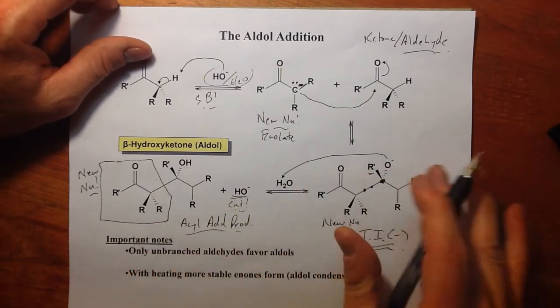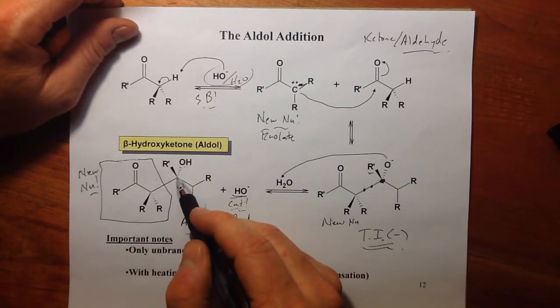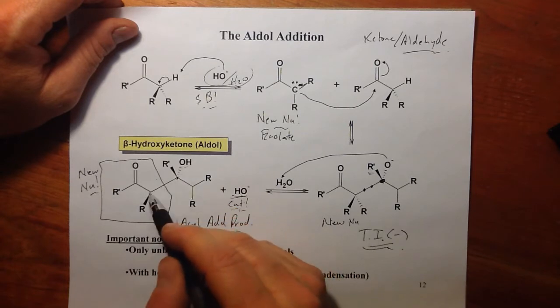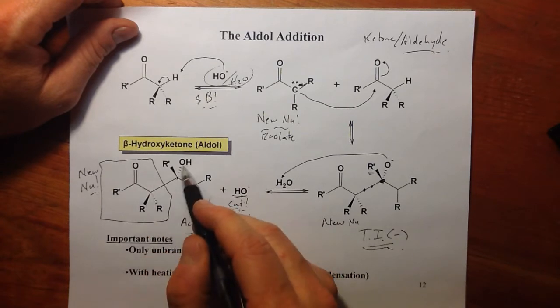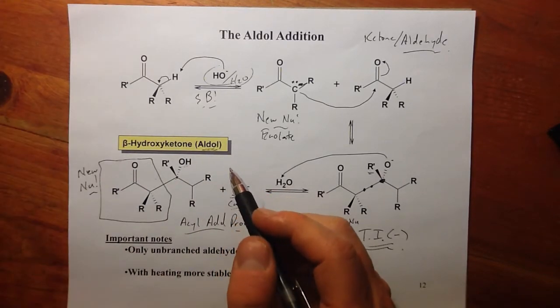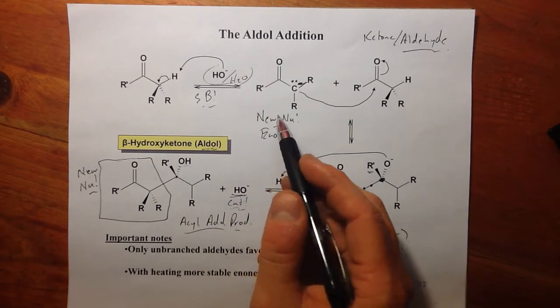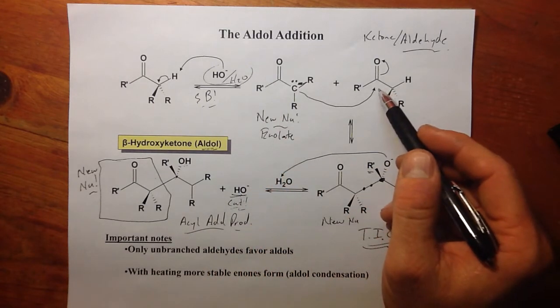This is called a beta hydroxyketone, or an aldol. Beta position to this carbonyl, hydroxyketone, or we're going to just refer to it as our aldol. So aldols are formed by enolate ions attacking ketones and aldehydes.